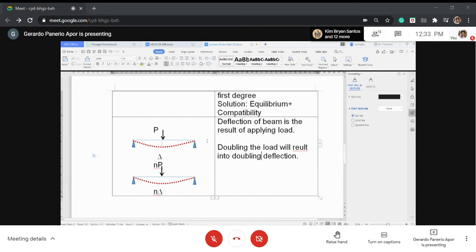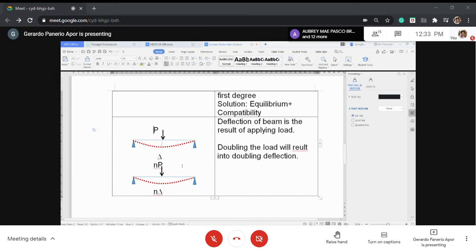For example, if you double the load, the deflection also will double. Like for example, I will multiply this by 5, and the amount delta corresponds to P. So this is 5, and the deflection also will become 5. Everything will be multiplied by 5, even the bending moment and shear.